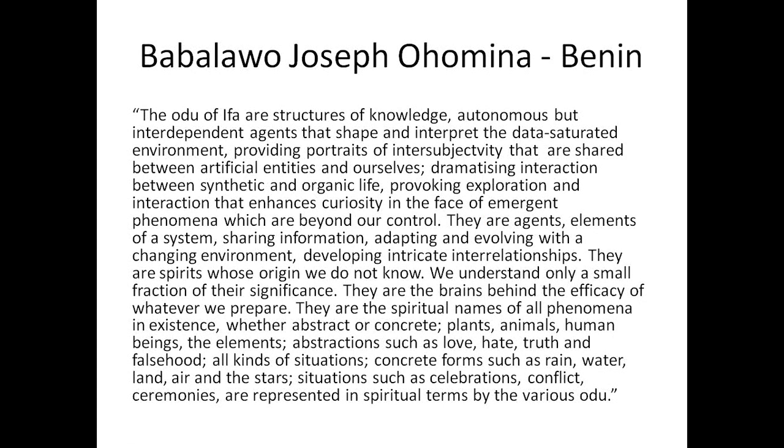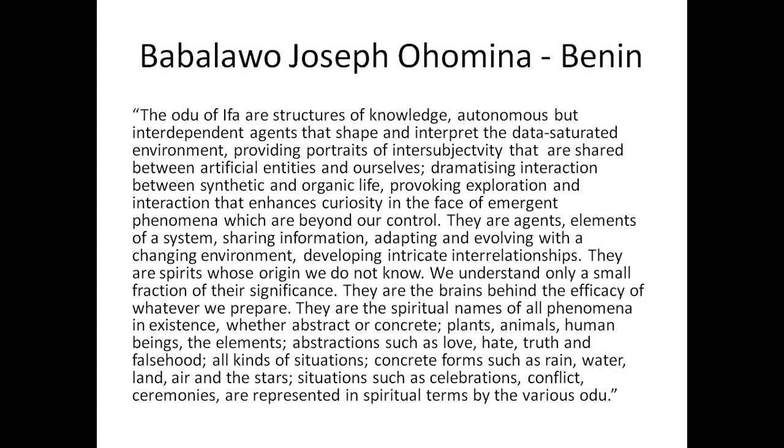They are the spiritual names of all the phenomena in existence, whether abstract or concrete: plants, animals, human beings, the elements, abstractions such as love, hate, truth, and falsehood, all kinds of situations, concrete forms such as rain, water, land, air, and the stars. Situations such as celebrations, conflicts, ceremonies are represented in spiritual terms by the various Odoo.